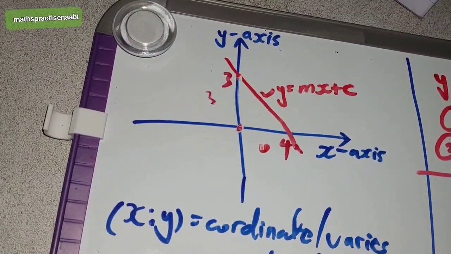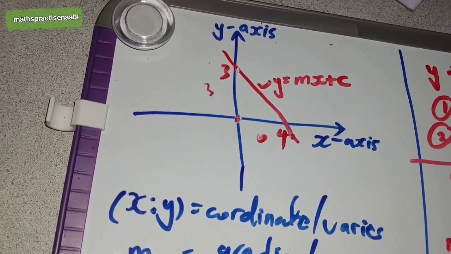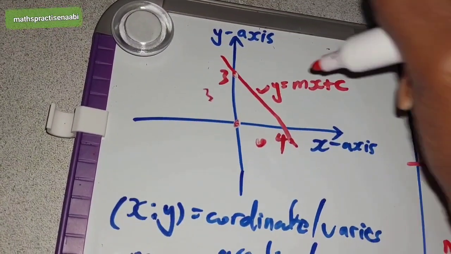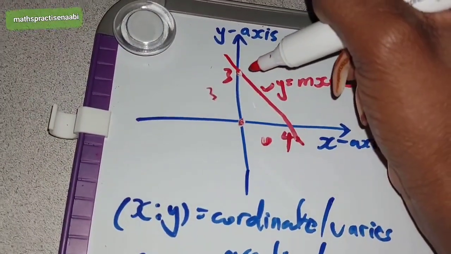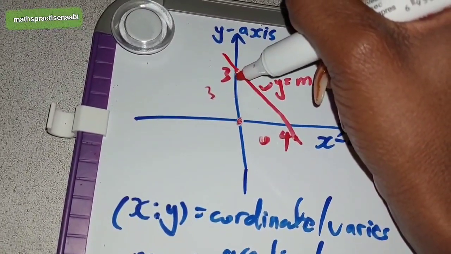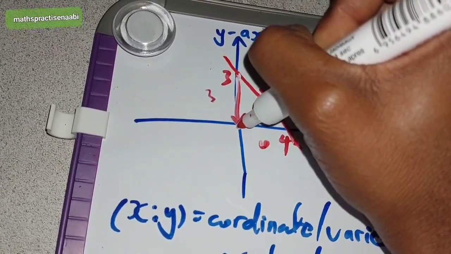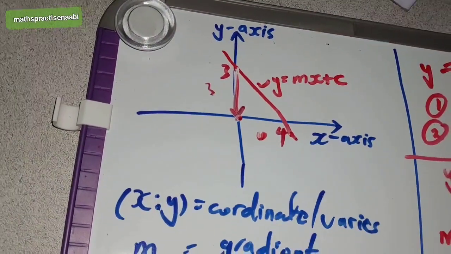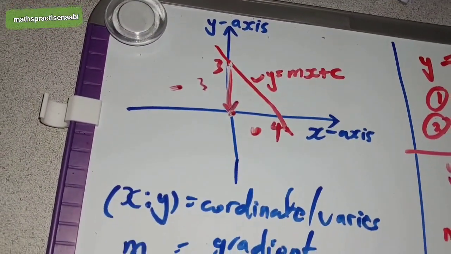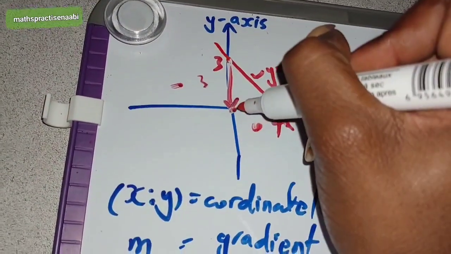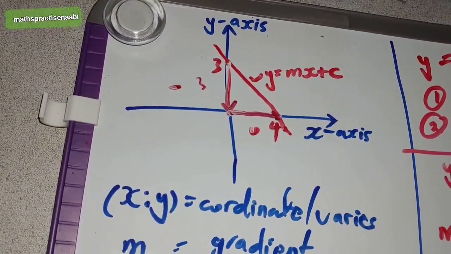Okay, and the next thing now, you have to be specific when you're calculating gradient here, listen carefully. If you move downwards, like this to this 0, our change in y will be negative. It will be negative 3 because we moved downward. Then we move forward along the x-axis.